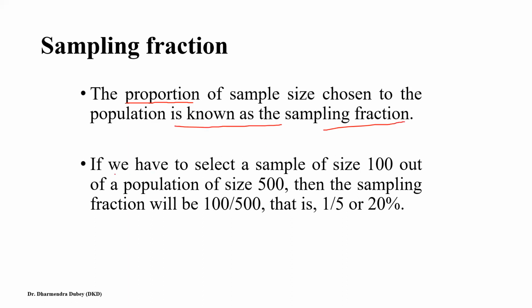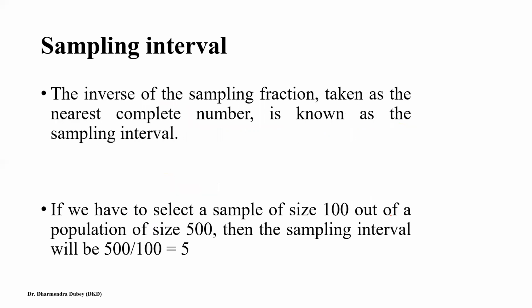For example, if we have to select a sample of size 100 out of a population size of 500, then the sampling fraction will be 100 divided by 500, that is 1 by 5 or 20%. So this is about sampling fraction.